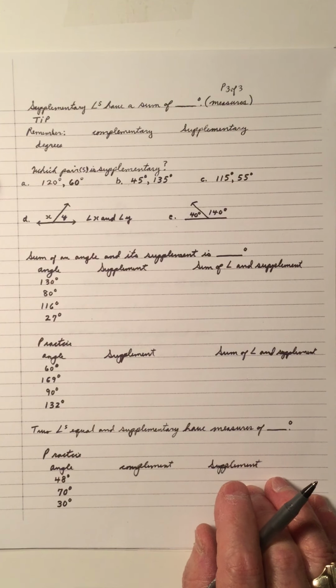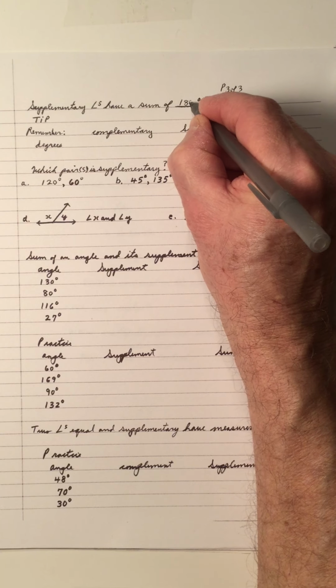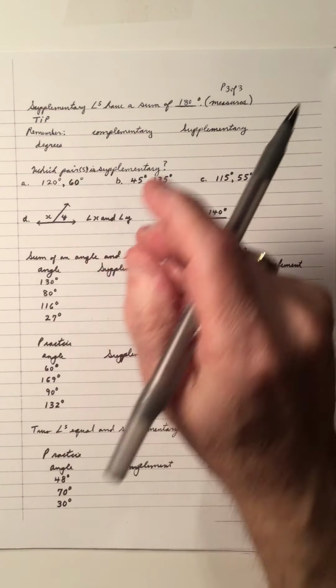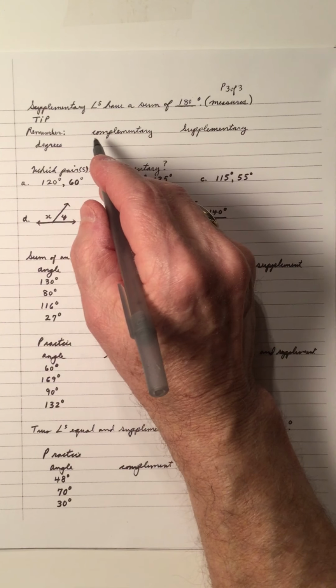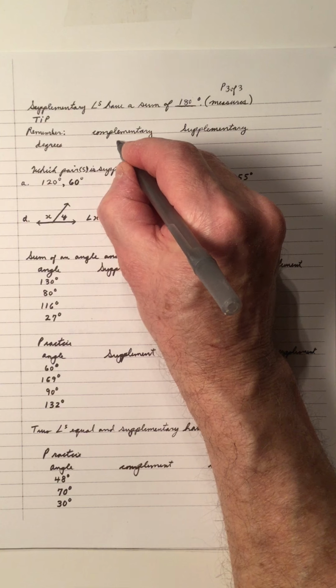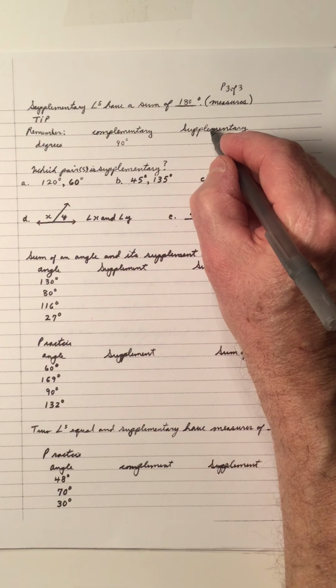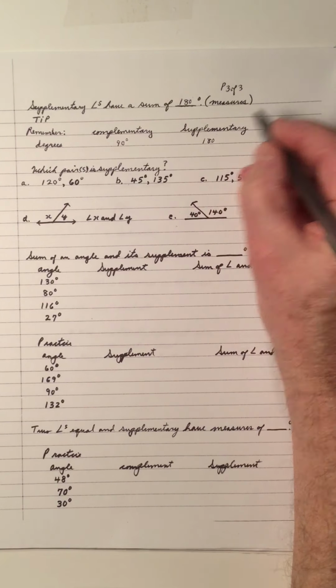Supplementary angles. Supplementary angles have a measure of 180. A little tip that I use to remember this, and it might seem trivial: in relation to degrees, complementary angles add up to 90. Supplementary angles add up to 180.